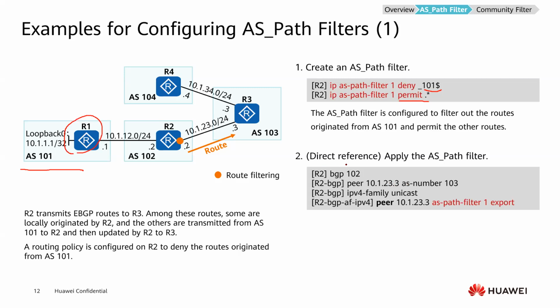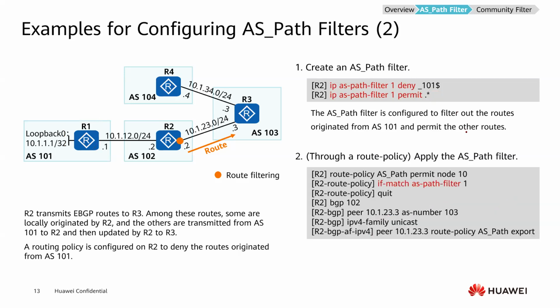First you can use direct reference. That means in the BGP view, you can just specify the eBGP neighbor and apply the AS-path filter in the export direction, which means when sending routes to the eBGP neighbor it will use the AS-path filter you have created.